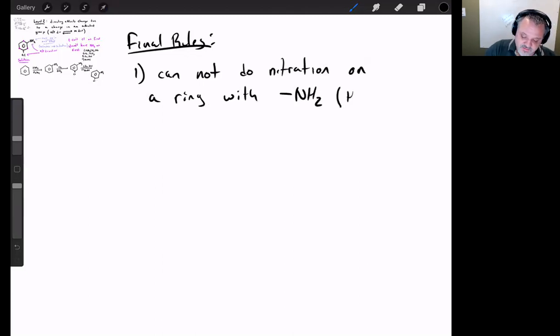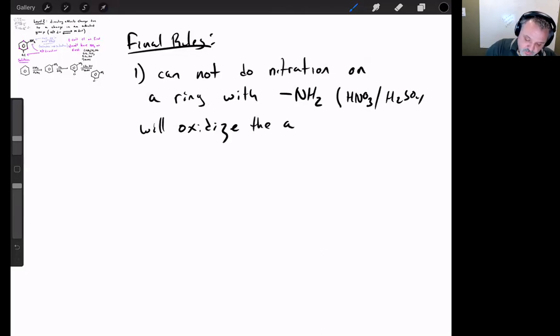And the reason is that HNO3 and H2SO4 will oxidize the amine group.